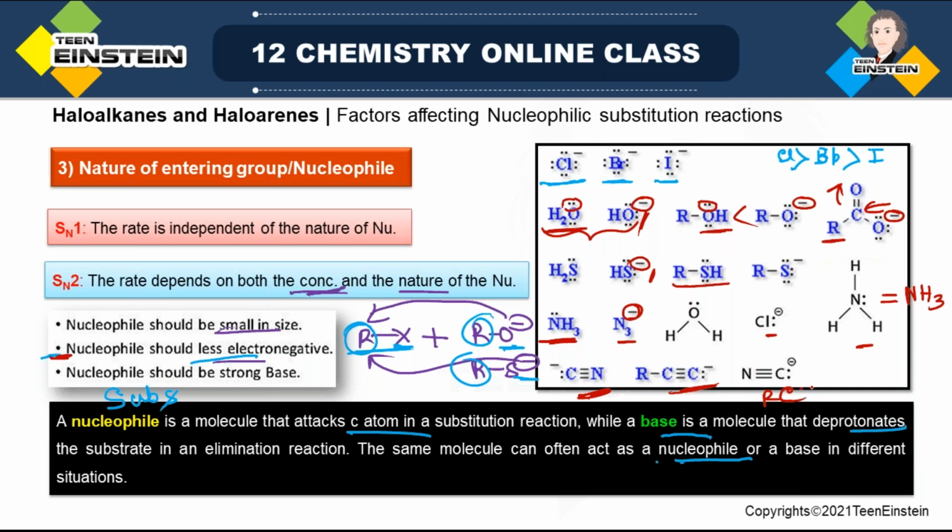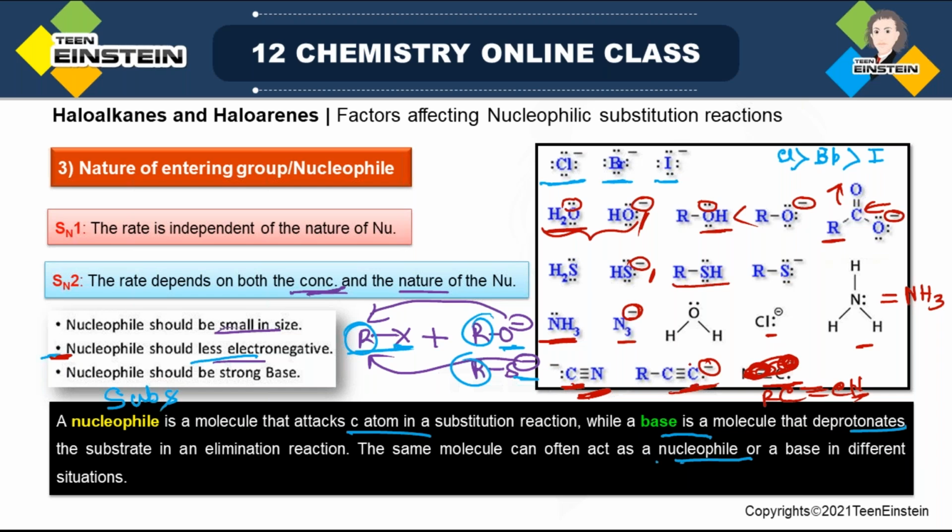Suppose you have RC triple bond CH. If you remove this H, there will be a negative charge over carbon. This negative charge is stable because this carbon has some electronegative nature. As it is sp hybridized, the s character is very high. And NC, this is another kind of nucleophile, an ambident nucleophile, where the negative charge may be over carbon or nitrogen. Sorry, it is actually the same species written two times, so you can consider only one.